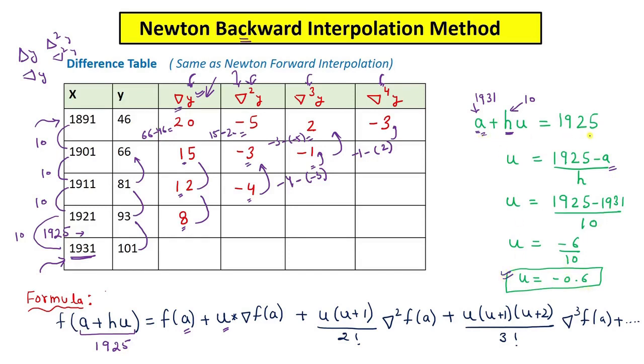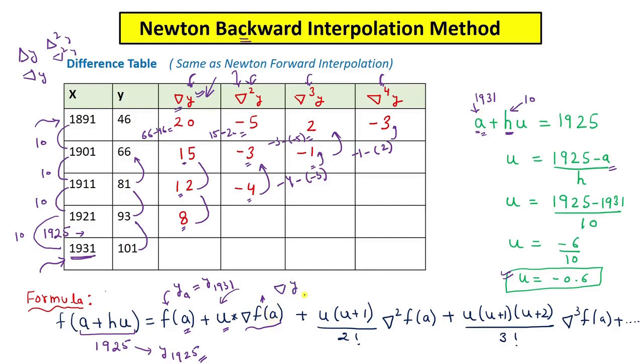Then we can put all these values of the various parameters in the given formula and find the population at f of 1925, which can be written as y of 1925. I will be using this convention. Similarly, f of a can be written as y of a, so this is y of 1931, because a is 1931. Similarly, this can be written as del of y.